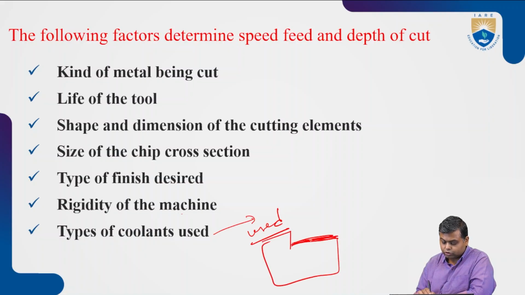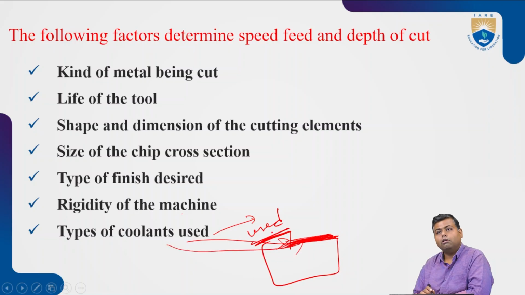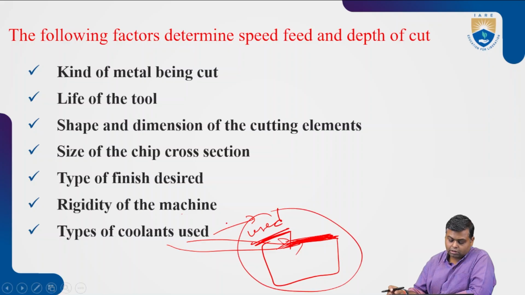After you get the finished surface, you need some coolant so as not to have rusting on the finished surface. The coolant also gets onto the surface and decreases the temperature around the part of the workpiece.